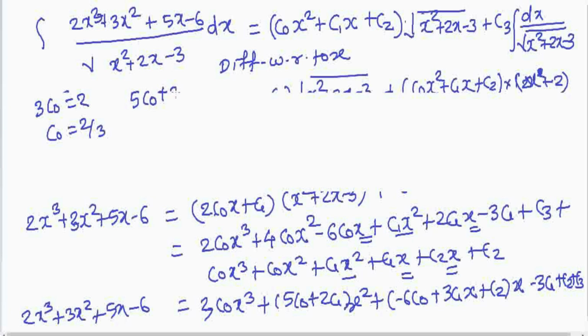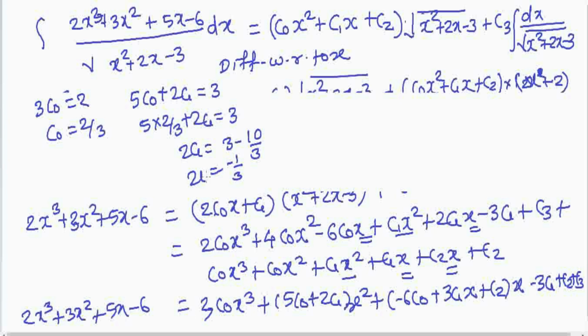Then 5c0 plus 2c1 equal to 3. 5 into 2 by 3 plus 2c1 equal to 3. 2c1 equal to 3 minus 10 divided by 3, equal to minus 1 divided by 3, if we take the LCM. So c1 equal to minus 1 divided by 6.